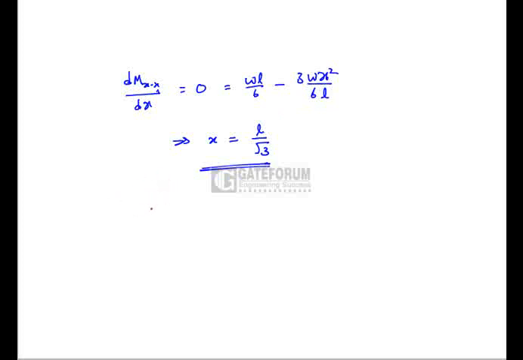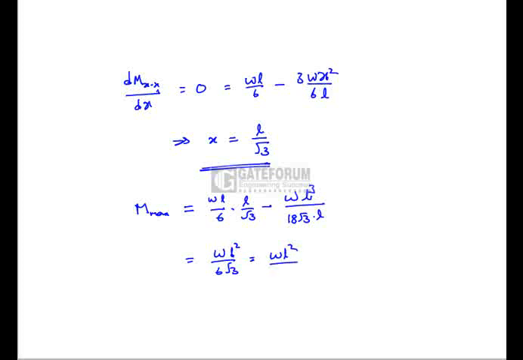That is, maximum bending moment at X equal to L by root 3 gives WL by 6 into L by root 3 minus WL cube by 18 root 3 into L. Which is equal to WL square by 6 root 3 minus WL square by 18 root 3, and is equal to WL square by 9 root 3. So here the right answer is WL square by 9 root 3, and the right option is B. B is the right answer.